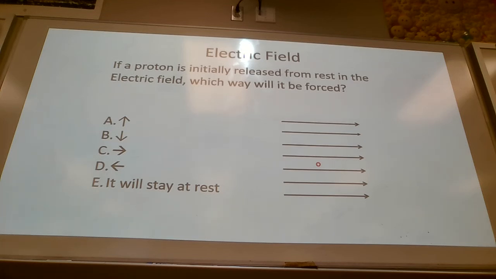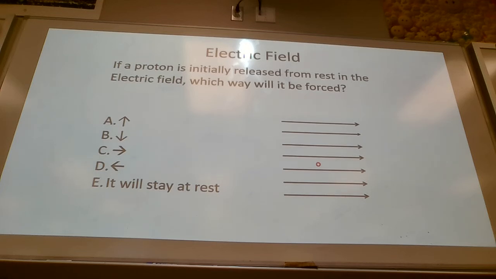This is one of the reasons why we like electric fields. Let's pretend that there was a curtain that separated this. You couldn't see behind the curtain.